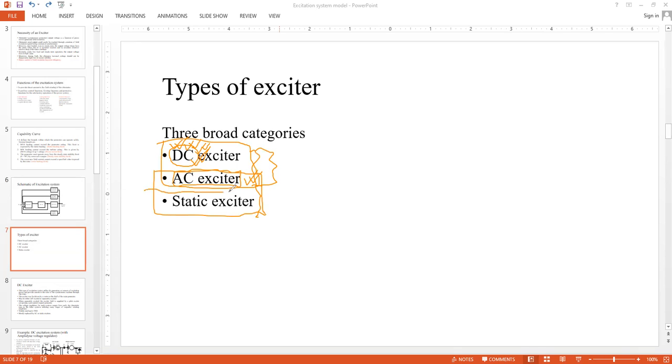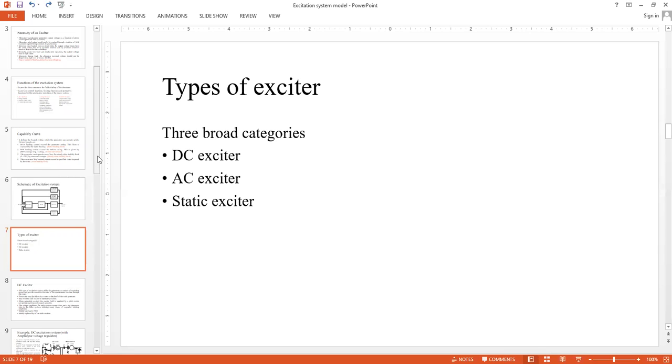The static exciter block is the most recent, where within the exciter system there is no rotating part. So there's a difference between static exciter and AC exciter. The most ancient one is the DC exciter, and the most recent is the static exciter. And there are, of course, different well-established models proposed by IEEE with different names for all these.